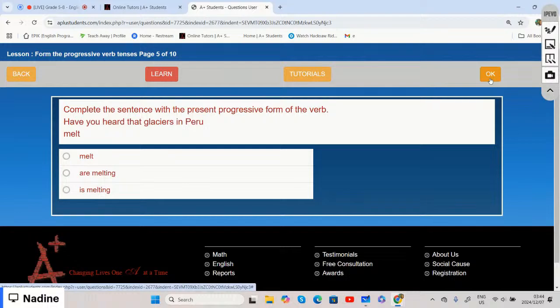So we need to select the present progressive form of the verb. Do we say it melt, are melting, or is melting? The glaciers in Peru.